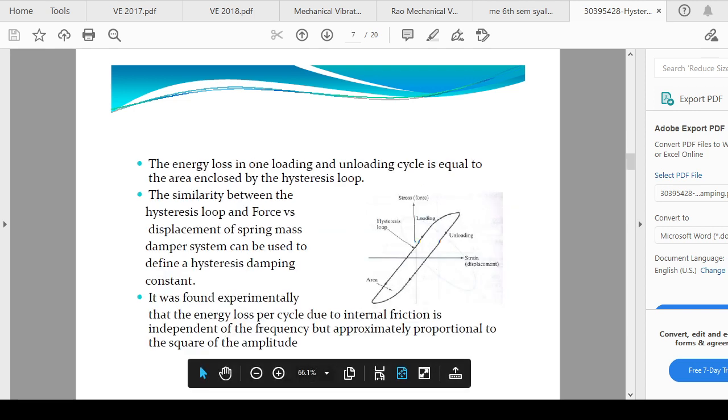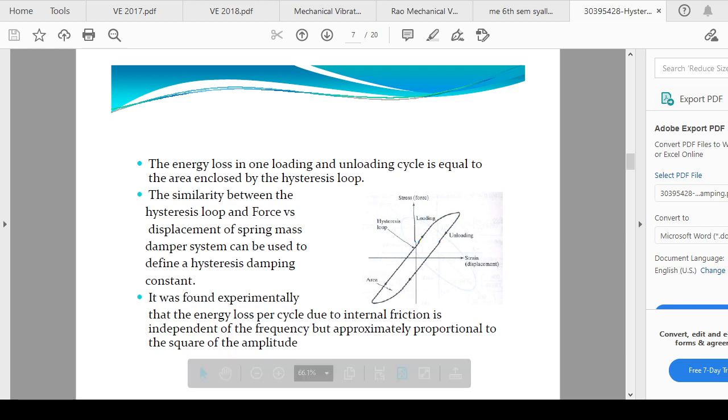You can go through that book for recalling the equations written here. The energy loss in one loading and unloading cycle equals the area enclosed by the hysteresis loop. The similarity between the hysteresis loop and the force versus displacement of the spring-mass-damper system can be used to define a hysteresis damping constant, because these are two similar things.